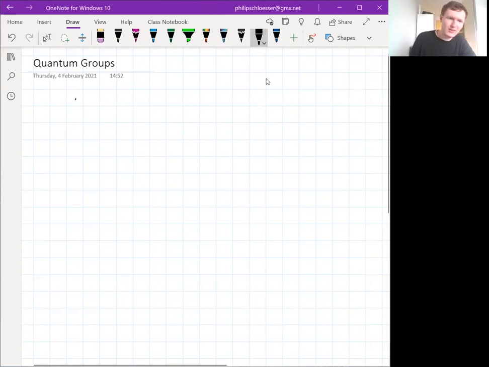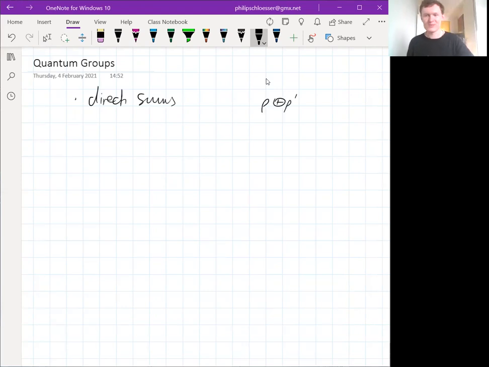We've discussed, I guess, in some depth, the possibility of taking direct sums, like rho plus rho prime. You can take images and kernels.